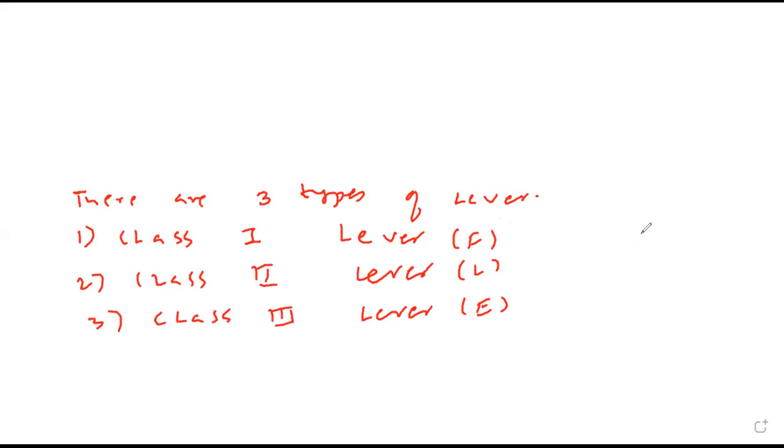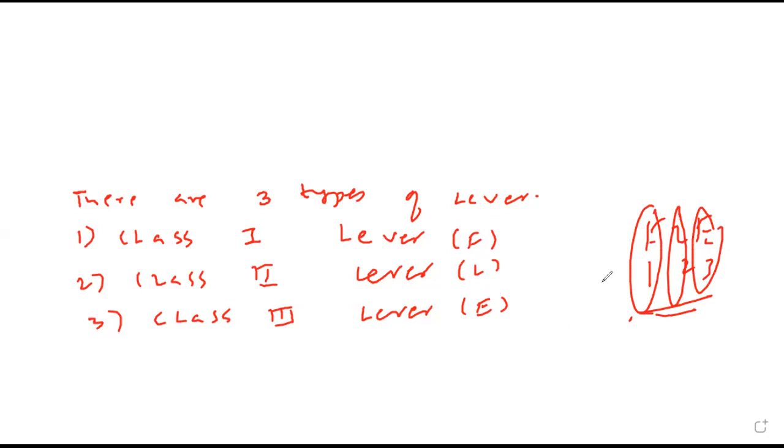Class 3, E is at the center. Fulcrum at center, load at center, effort at center. Just write this, then I will draw the diagram of all three types.